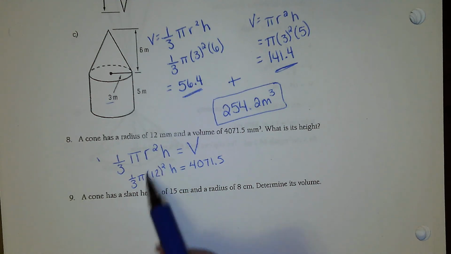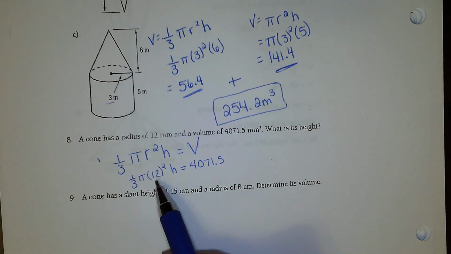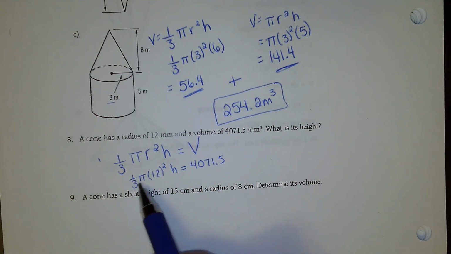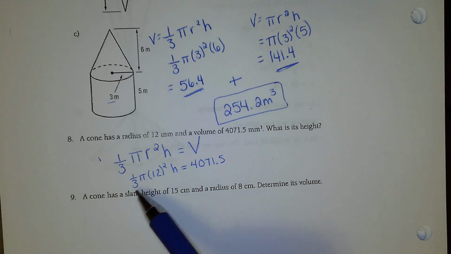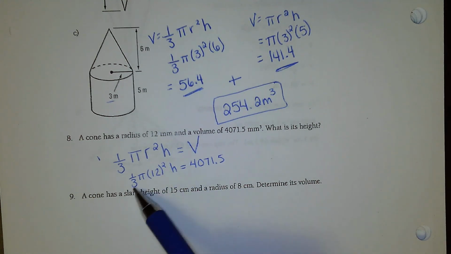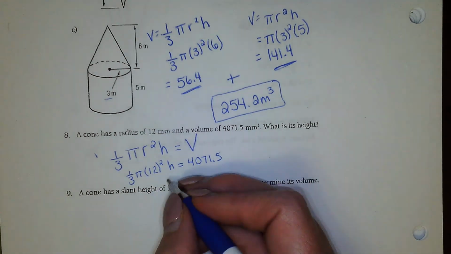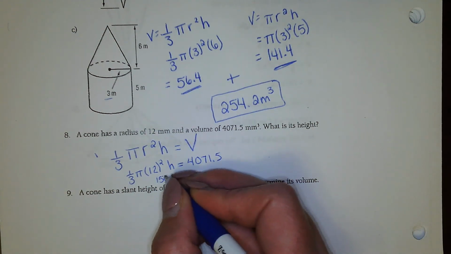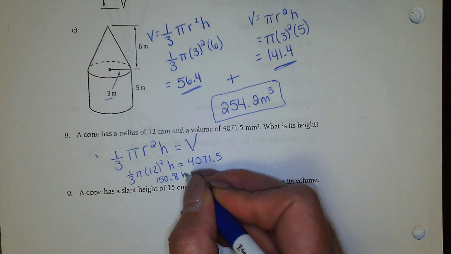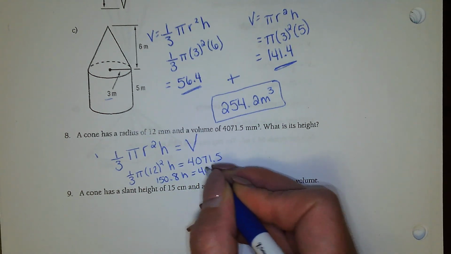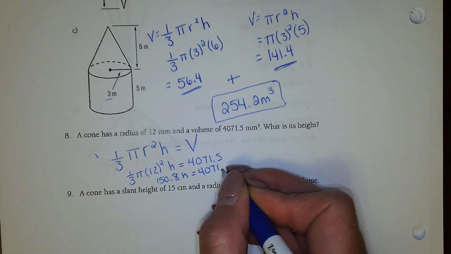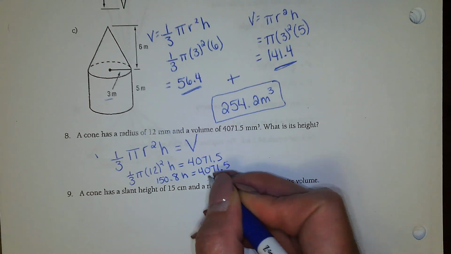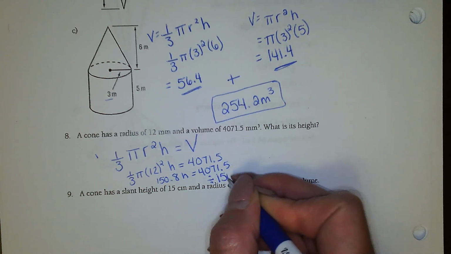First, I'll do the 12 squared, which is 144 times pi. To make it easy on yourself, instead of timesing this by 0.333, you can just do your multiplication, then divide by 3 as well, which you do get 150.8 times h still equals the volume. Then divide both sides by the 150.8.